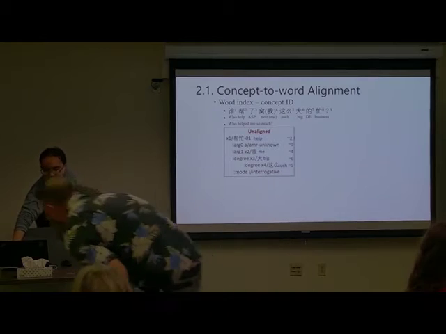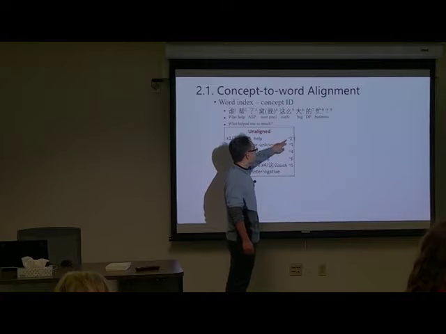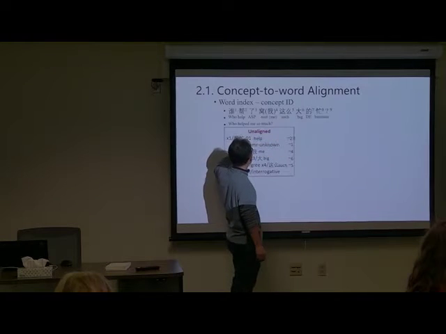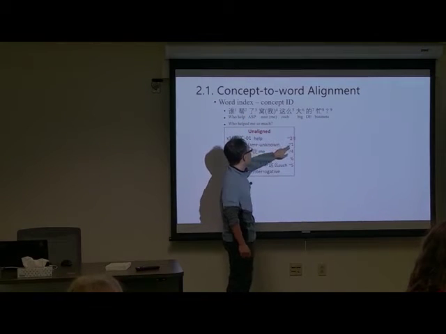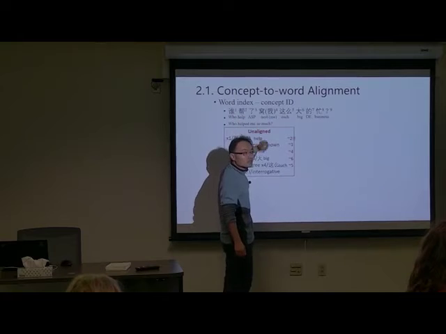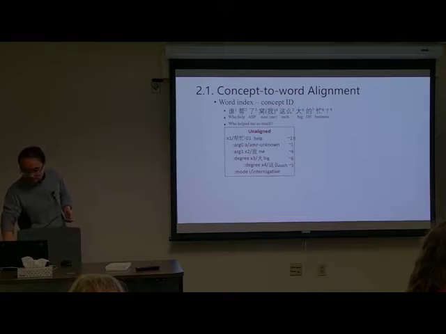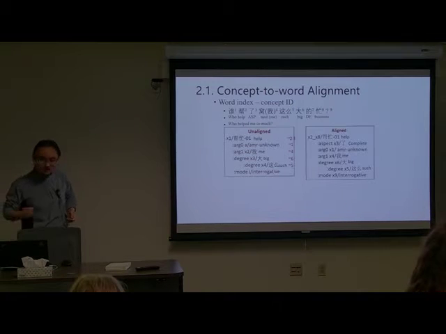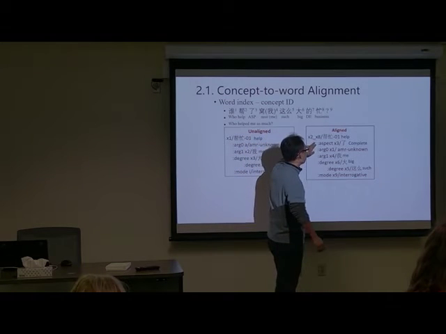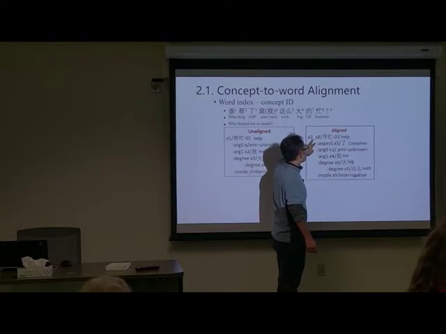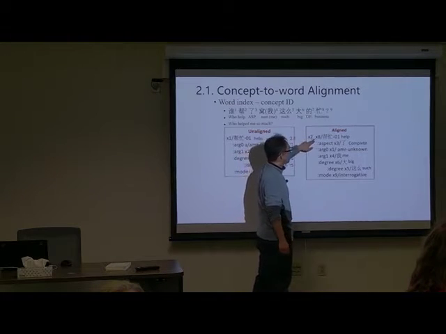And when training an AMR parser, some programmers have to add this back. This help is aligned to the second word, and who is aligned to the first word. So they do the alignment automatically, and there are some errors. So when we began to annotate Chinese text, we did it like this. Why not just put this as its index?